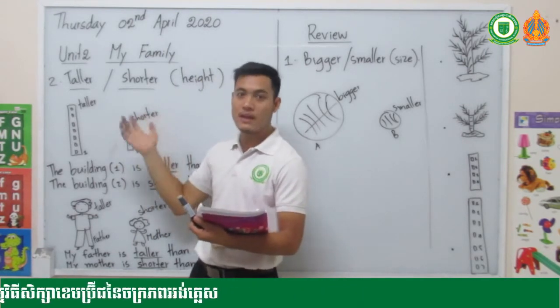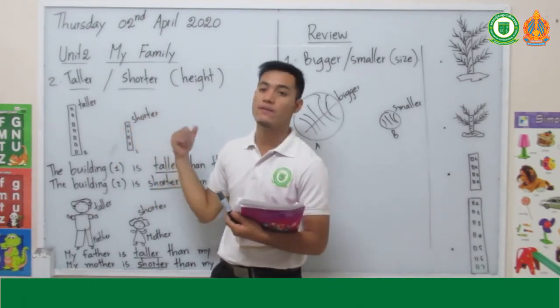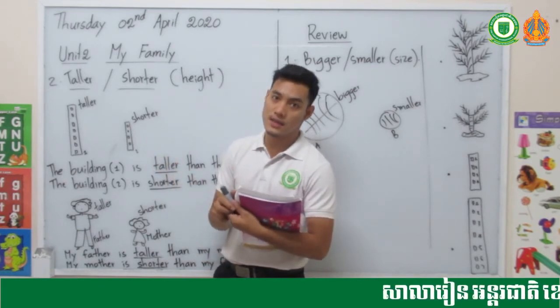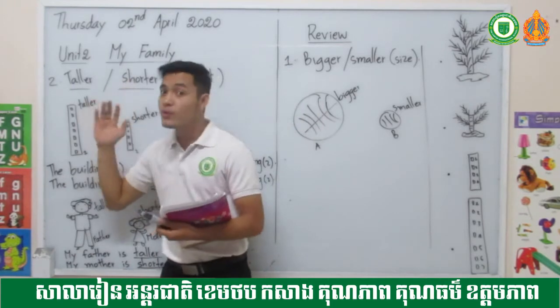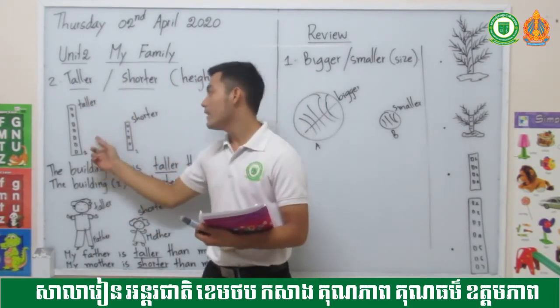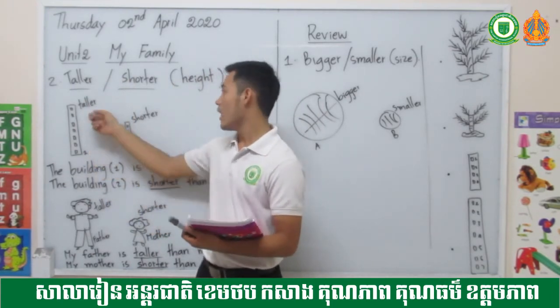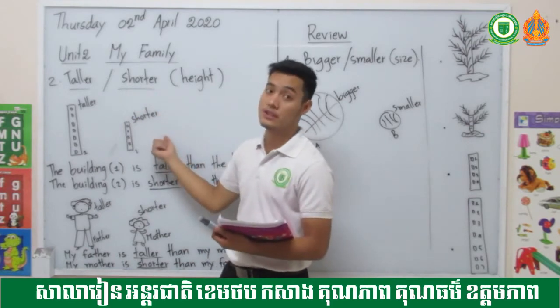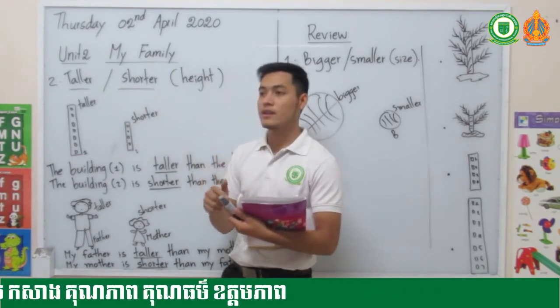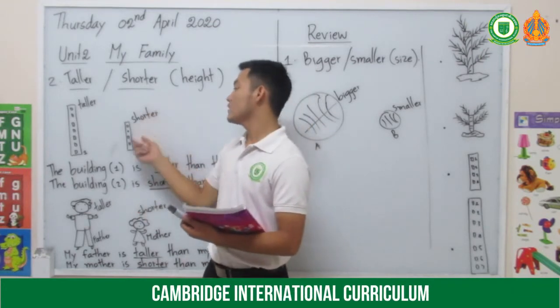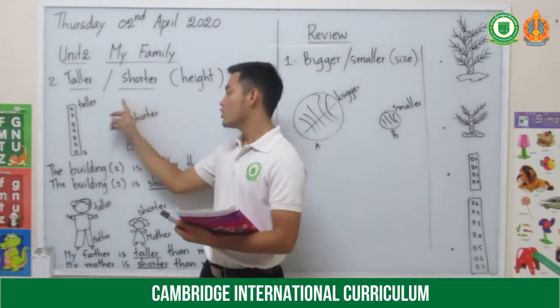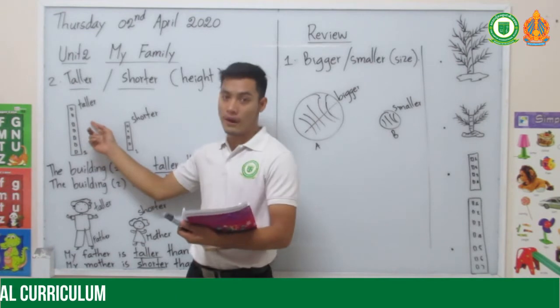So which building is taller and which building is shorter? You ready? Okay, so you will answer that building 1 is taller than building 2, or you can answer another way, building 2 is shorter than building 1.